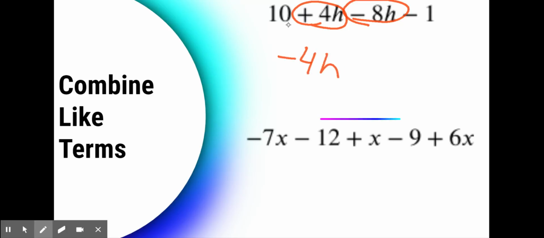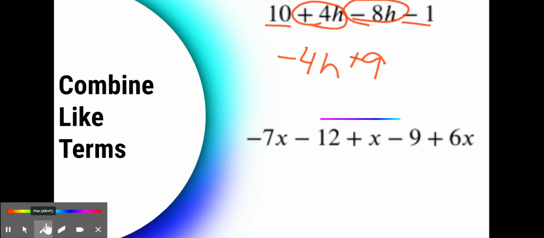And then my two numbers, my constants, they are also like terms. 10 minus 1 is 9. So I have plus 9. So this simplifies to negative 4h plus 9. Check and make sure there's no more like terms. Negative 4h, positive 9 are not like terms. We are done. Okay, next.